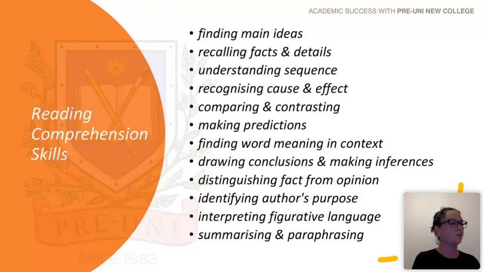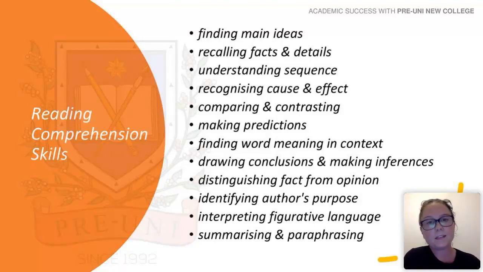So the multiple choice questions are looking to gauge the student's ability to find these skills. So if you just look from the top down, we've got finding main ideas, recalling facts and details. Now that's not necessarily just from the text that the students read, but it's also to do with their general knowledge and background knowledge. Understanding sequence of a text.